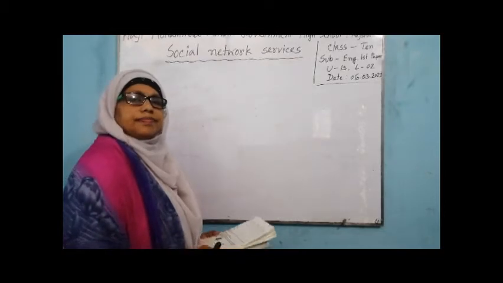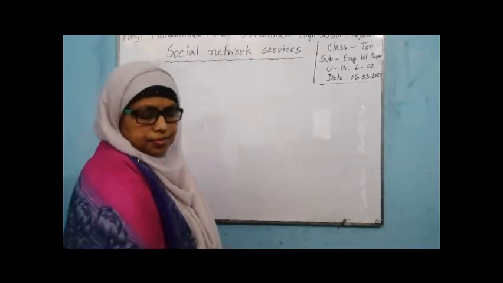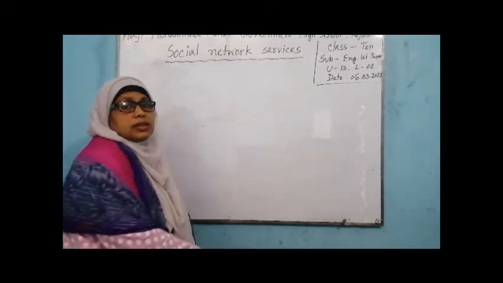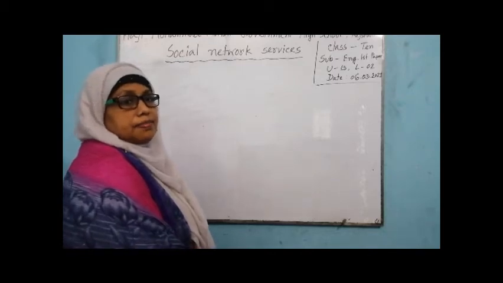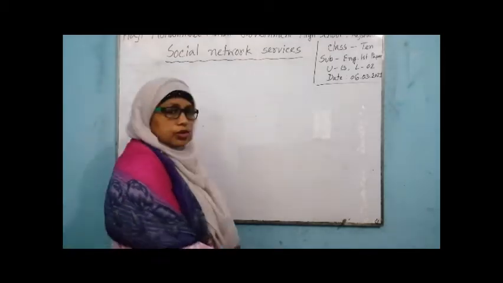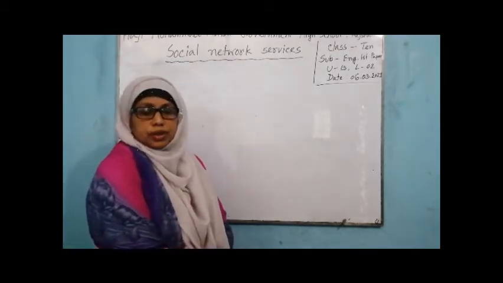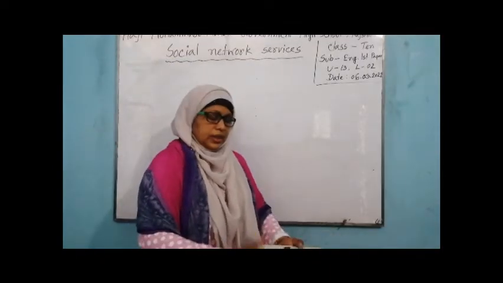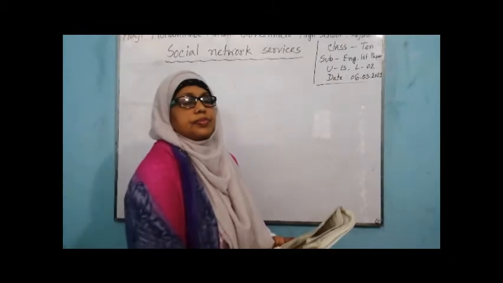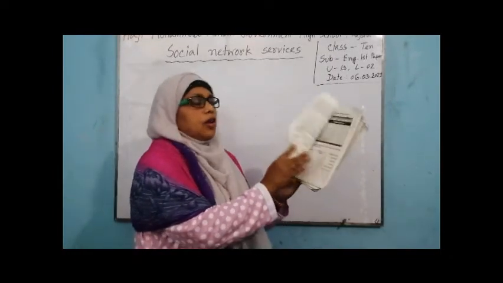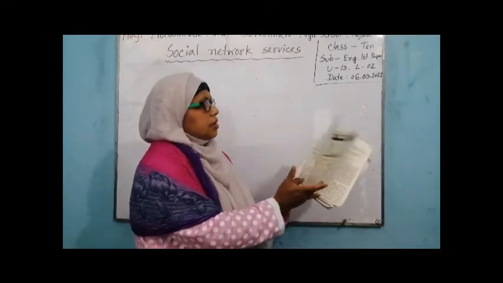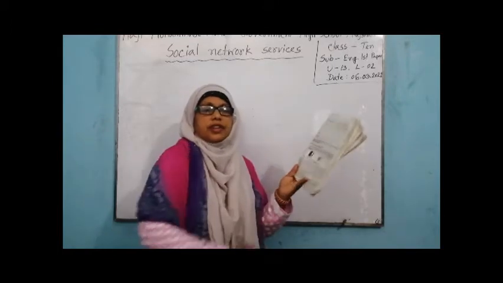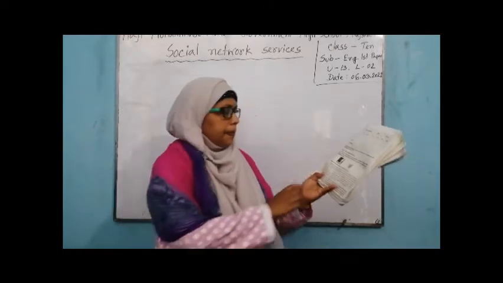Network means working using net. Its Bengali meaning is Antorjal Jogajog. Okay, dear students. In this lesson, you can see lots of sections. Okay. At first, we will work with section A.